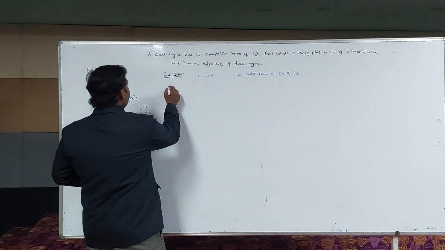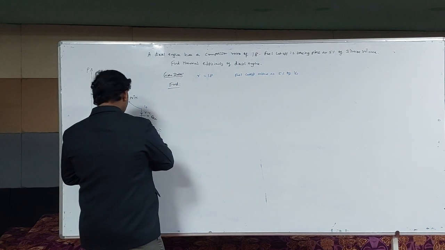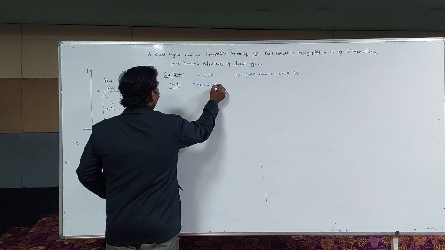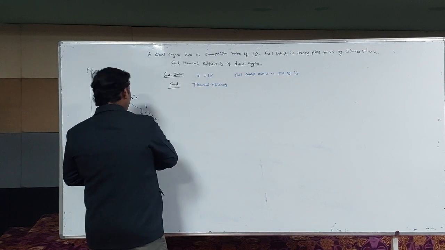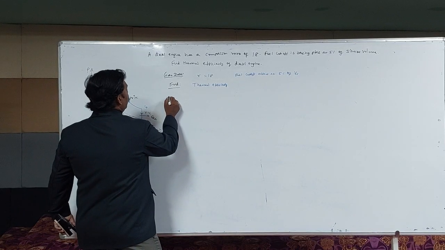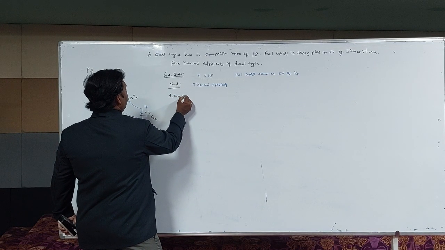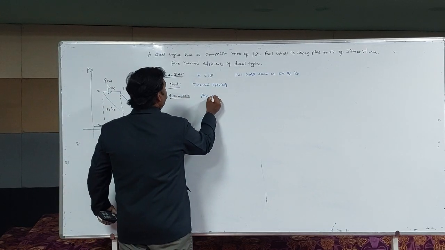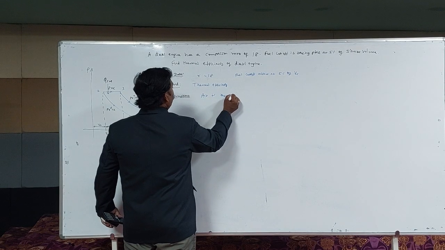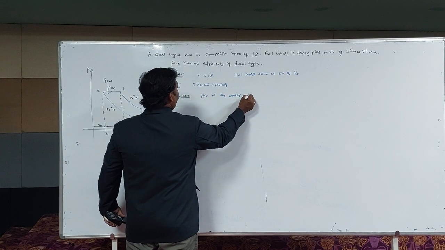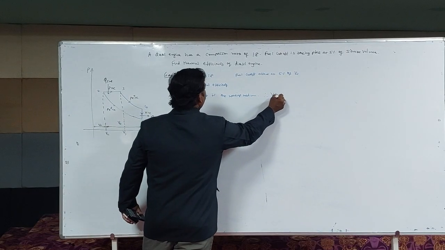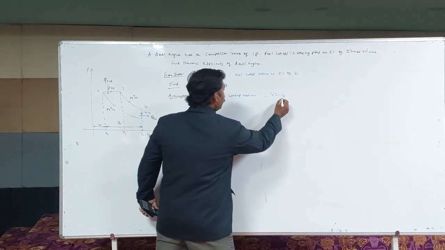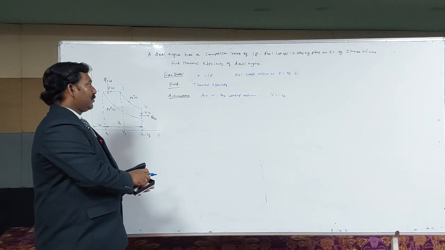So we have to find the thermal efficiency. And the assumptions are: air is the working medium. Therefore, gamma is equal to 1.4. Now, we will solve this problem. Solution.